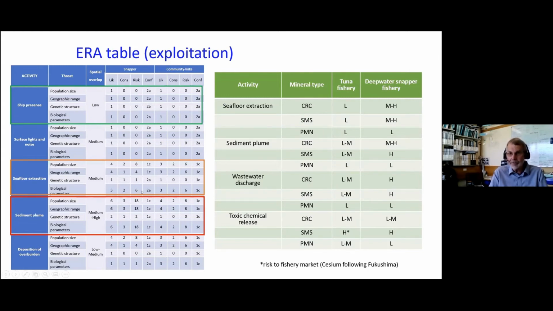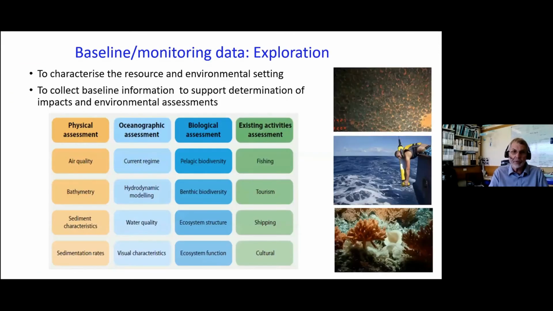So it gives you an idea of where you've got to put your limited resources if you've got to try and get as much baseline data as possible to understand the impacts and to be able to monitor them. And you can do that across mineral types and grouping the activities into some of the core impact areas that are going to take place in a mining context.